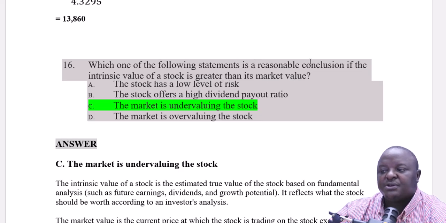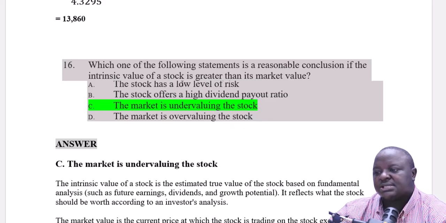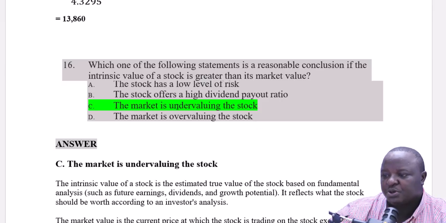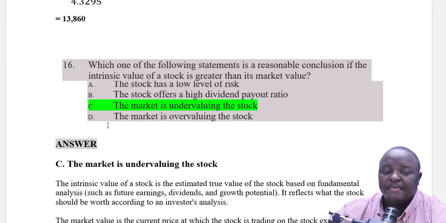The first option: the stock has a low level of risk. Second, the stock offers a high dividend payout ratio. Third, the market is undervaluing the stock. Fourth, the market is overvaluing the stock. So the best option is that the market is undervaluing the stock.